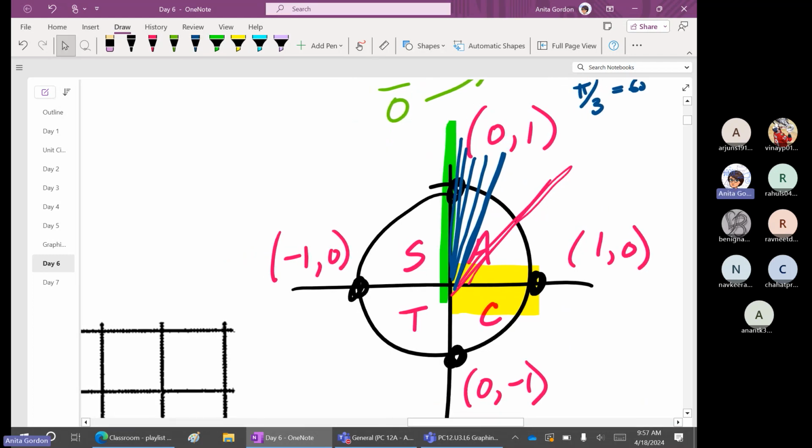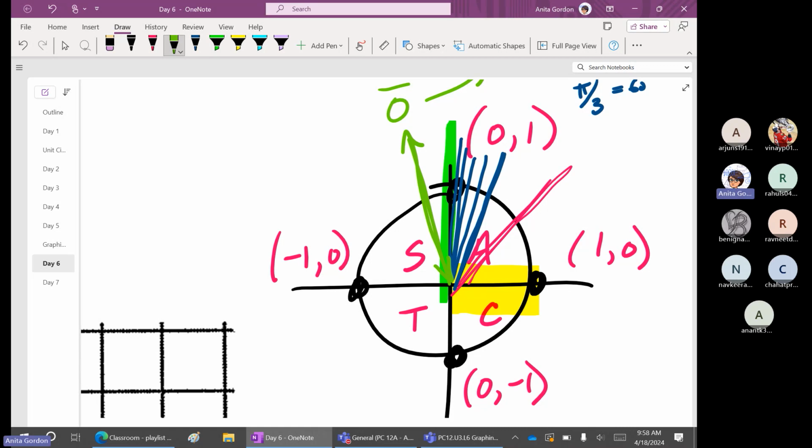Okay, what happens if I go past pi by 2? I'm going to cross the boundary. Without having to calculate it, what kind of slope is this going to be, positive or negative? Rise over run. It's going to be negative, right? So it's pointing down and to the right, or up and to the left.